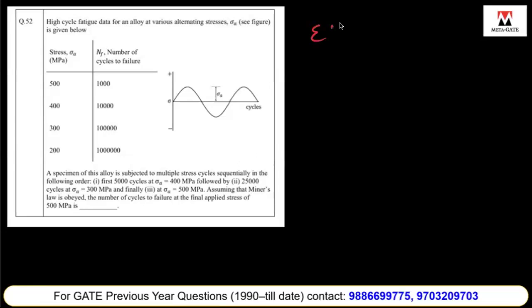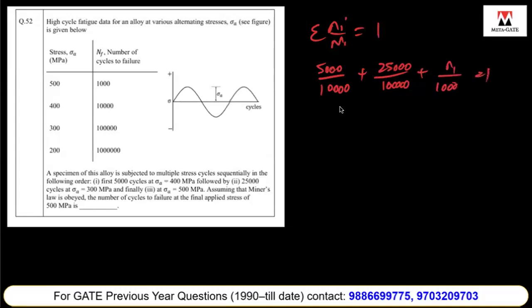So, you know Miner's rule, sum of ni by capital Ni is equal to 1. So if you see, for the first 5,000 cycles at 400 MPa, the fatigue life is 10,000, and 25,000 cycles at 300 MPa, which is nearly 1 lakh, plus for 500 MPa, the number of cycles is only 1000.